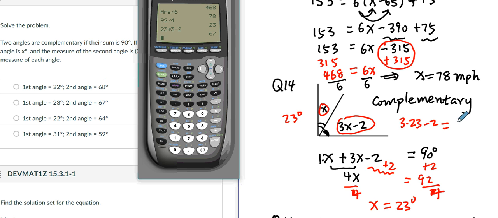You have 67 degrees. So that means this angle is 67 degrees. 67 plus 23 is 90. So we have this one. It is the one we wanted.